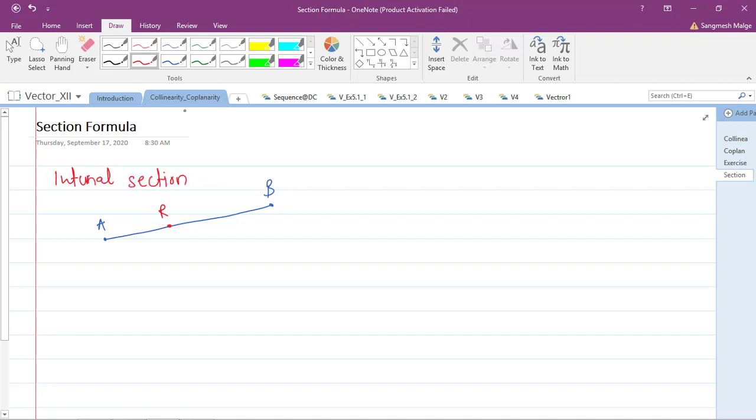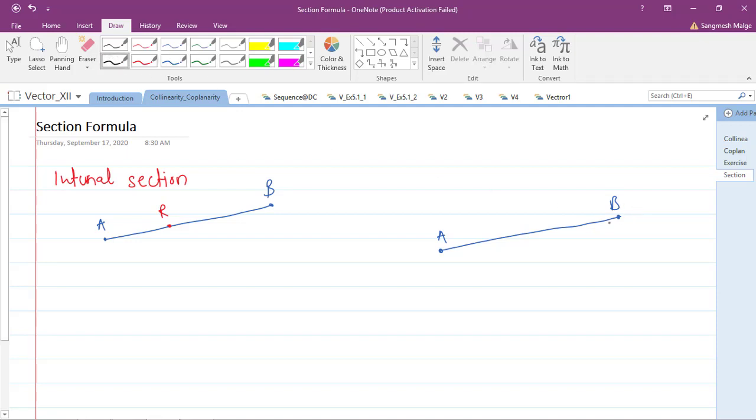Then what about the external section? We'll have another case. Suppose the same 2 points, A and B. Now suppose we have some other point P, but this P is lying outside this segment, though on the line if you extend AB.